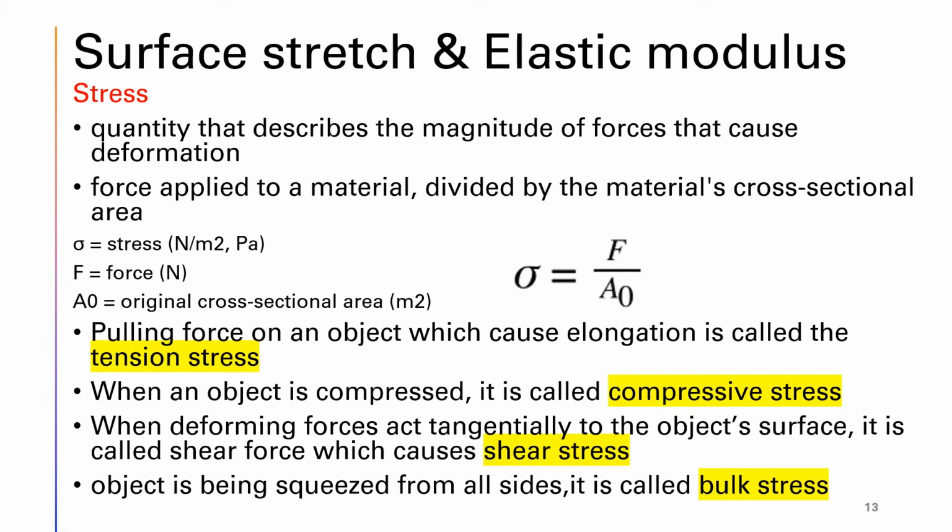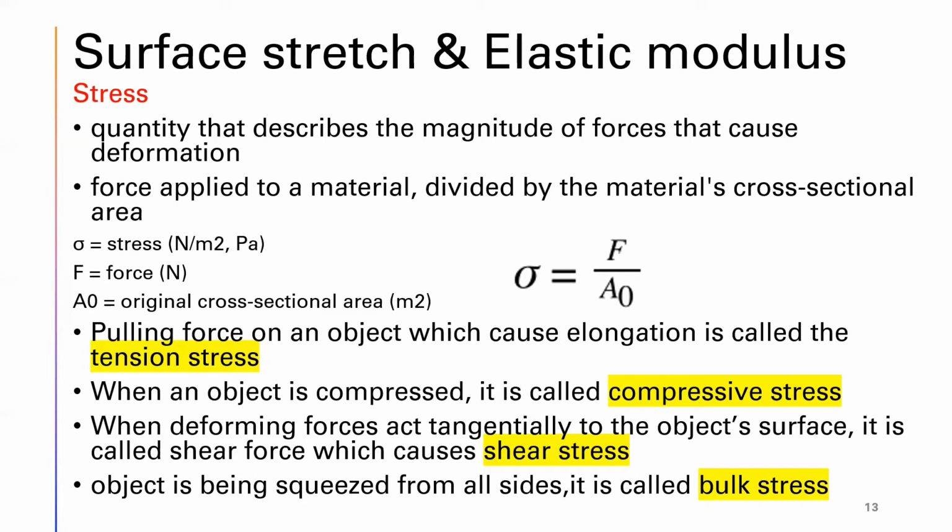A pulling force on an object which causes elongation is called tension. For example, if I take a pencil and pull it on both sides, that causes tension stress. The second one is when an object is compressed, it is called compressive stress.